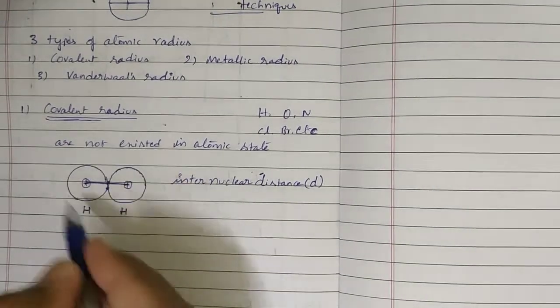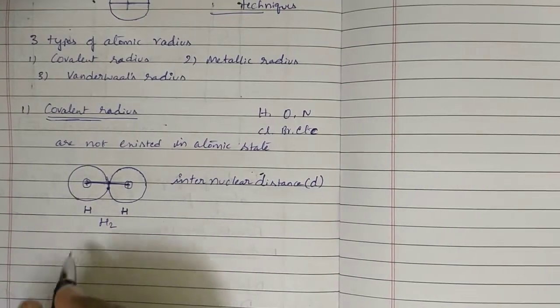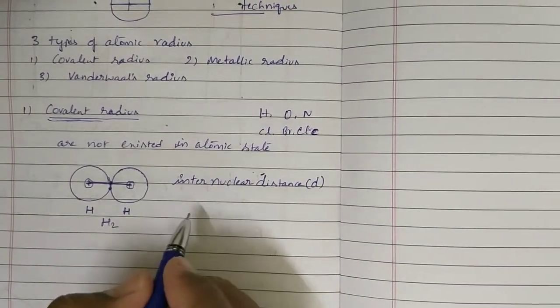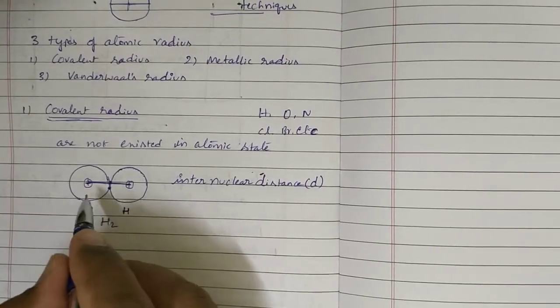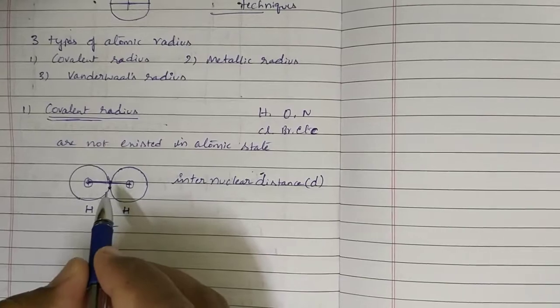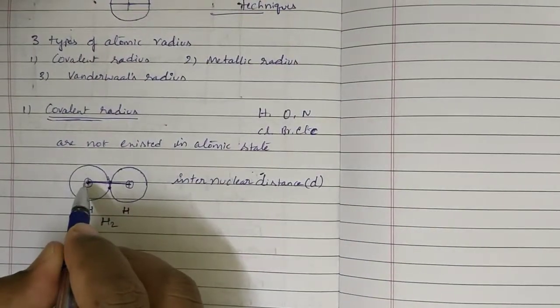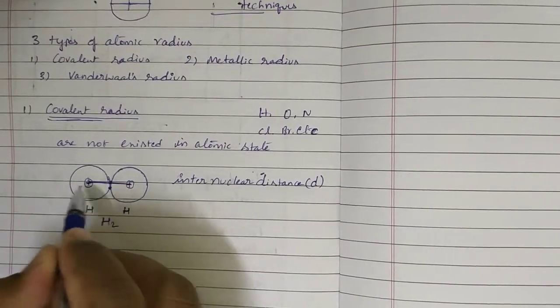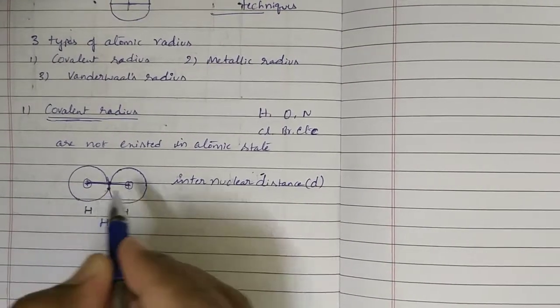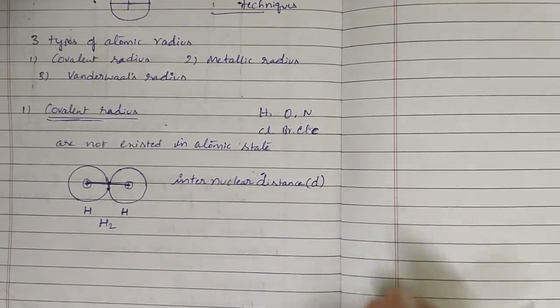Now, the H2 molecule I have taken contains two hydrogen atoms bonded with each other, and scientists, by using X-ray diffraction techniques, find the distance between the two nuclei, called internuclear distance, represented by small d.